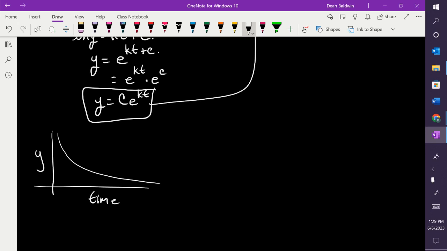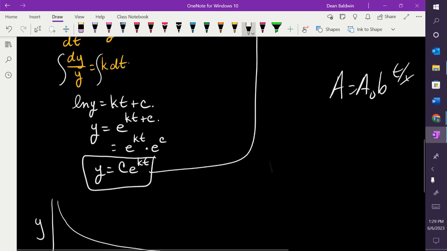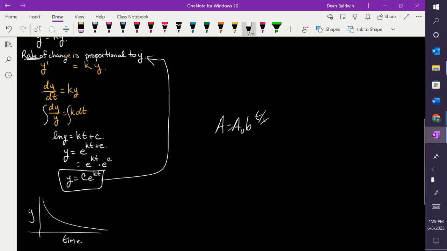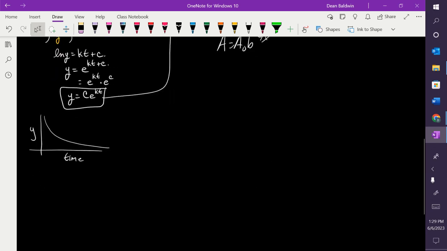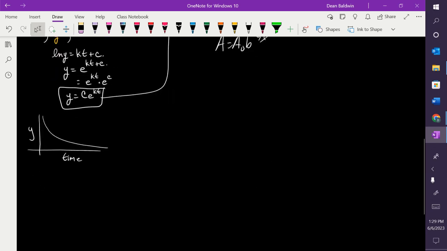So it meets the criteria for this statement: the rate of change is proportional to itself. That's why it's a curve, it's not linear. Let's just write out the question first.